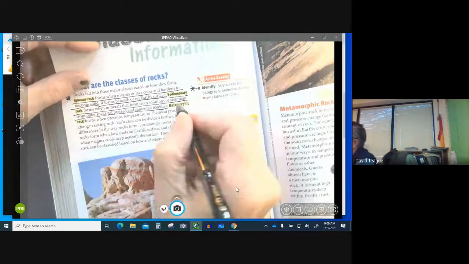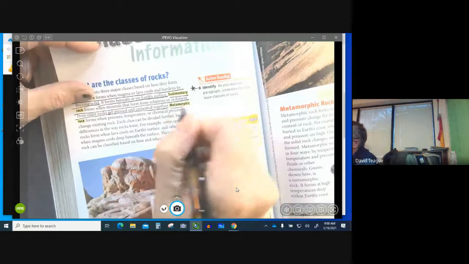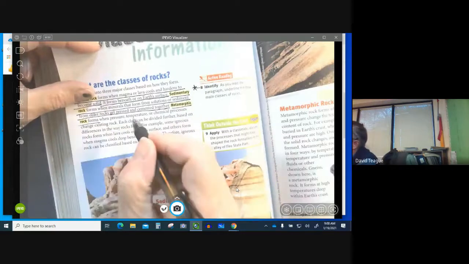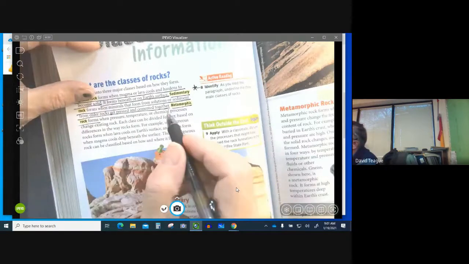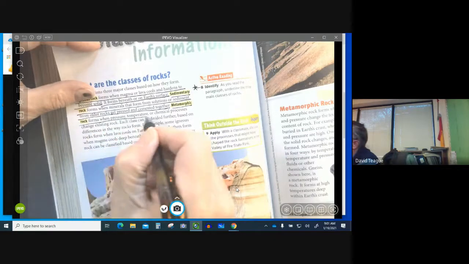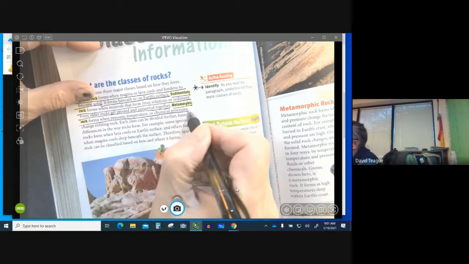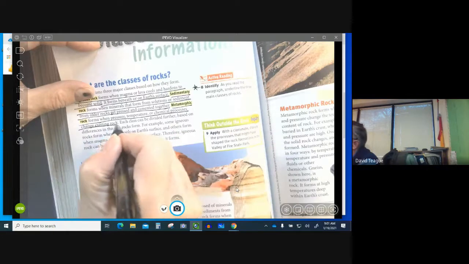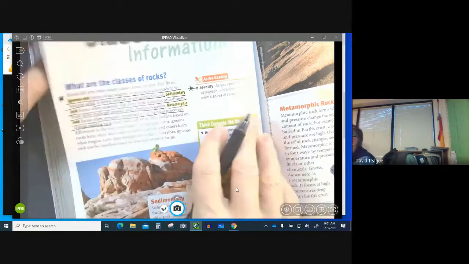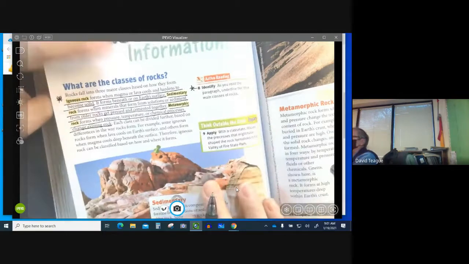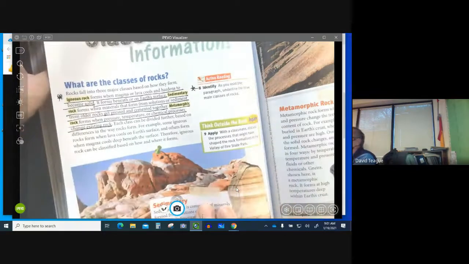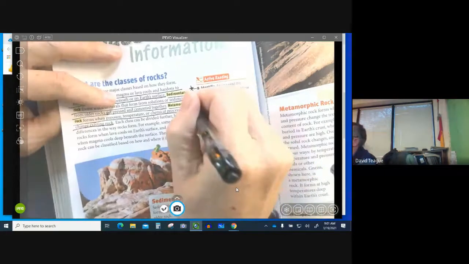We got sedimentary, then metamorphic, right? Metamorphic rock forms when pressure and temperature or chemical processes change existing rock. So it takes existing rock and changes it into something else. Kind of like putting cake batter into an oven, right? You've got heat and pressure, and now you got something different. Okay.